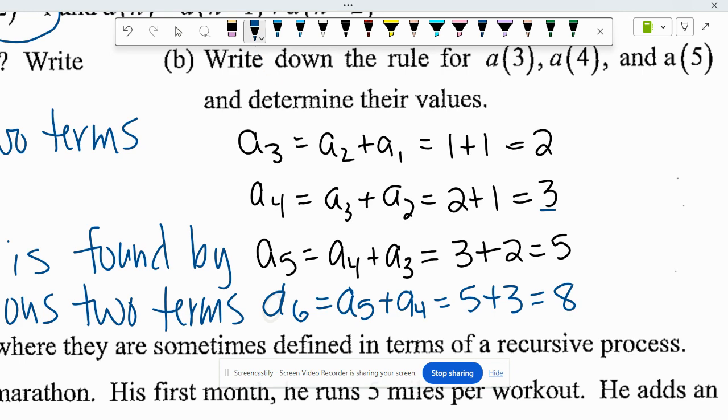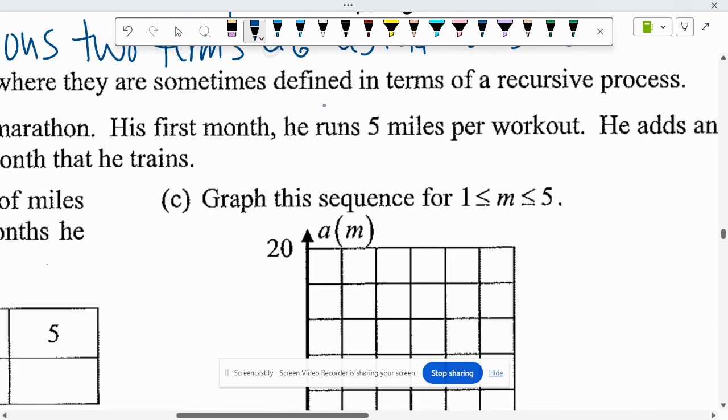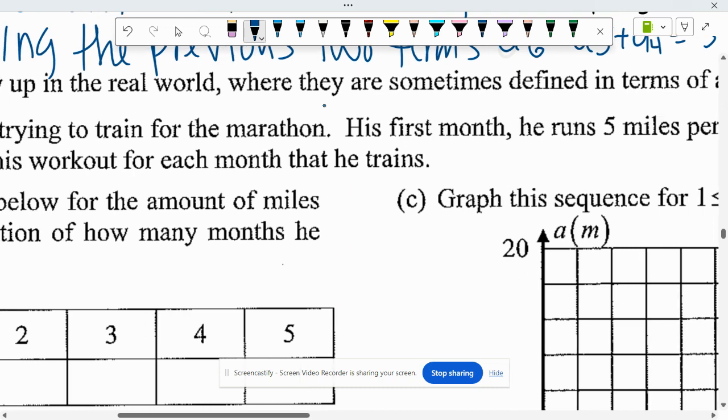Sequences often show up in the real world where they are sometimes defined in terms of this recursive process. Kirk is trying to train for a marathon. His first month, he runs 5 miles per workout. He adds an additional 3 miles to his workout for each month that he trains. So fill out this table below for the amount of miles he has been running as a function of how many months he's been training, right?